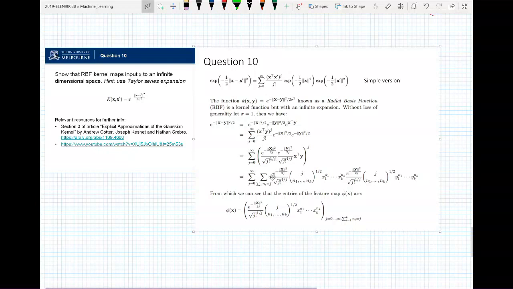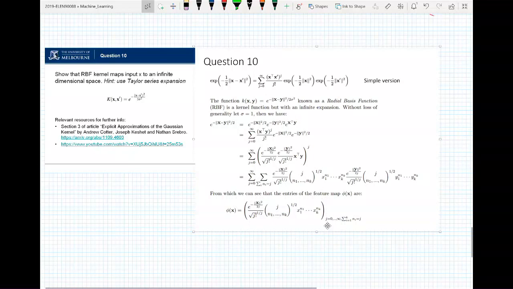But after multiple steps here, as I said, I don't expect you to derive this, just to have a look. You can see that a term in terms of x's and a term in terms of y's emerge. As we know, k of x, x prime, or x, y in this case, will be the dot product of phi of x and phi of y. The sums define the dot product, and from here we can see the entries of the feature map are this.